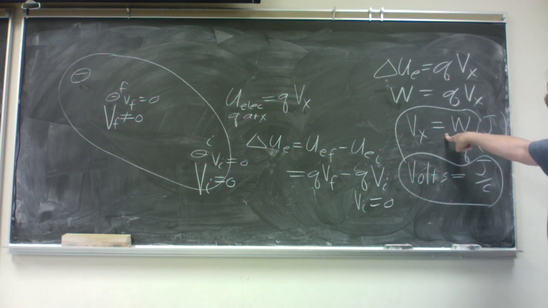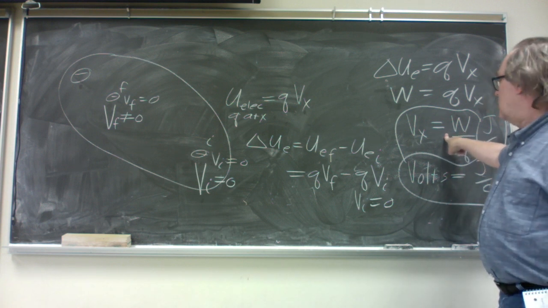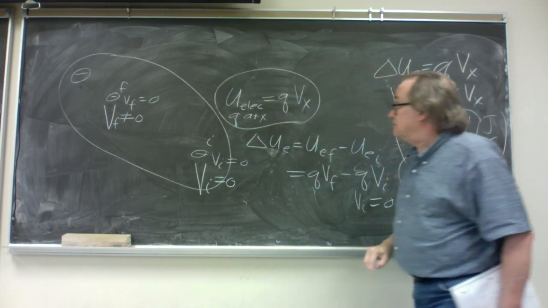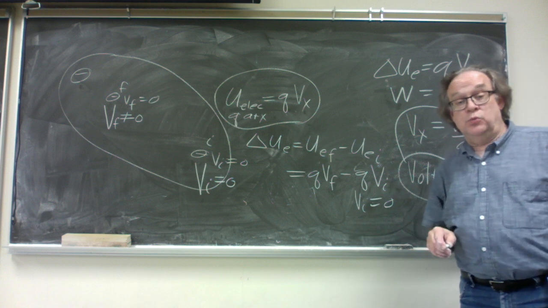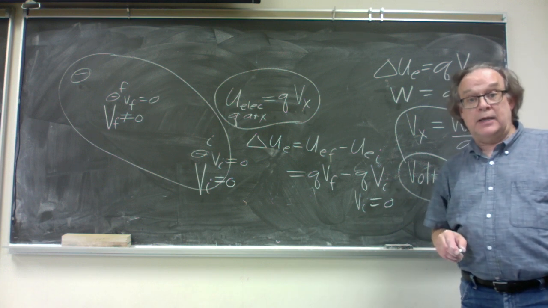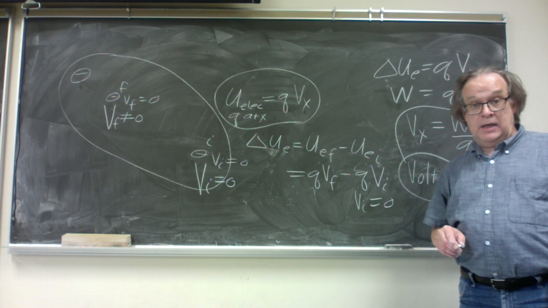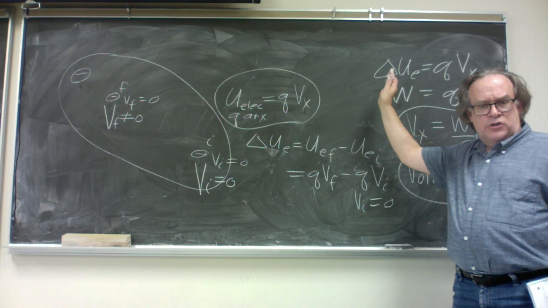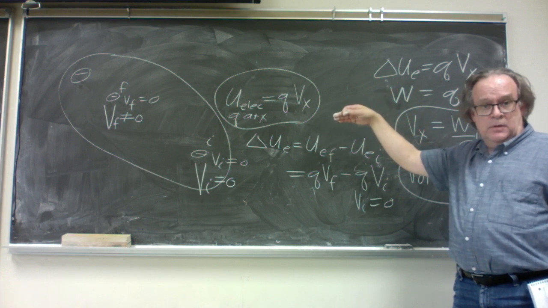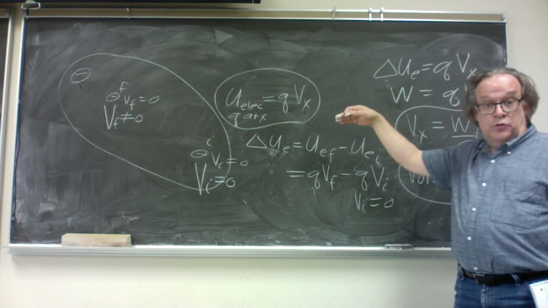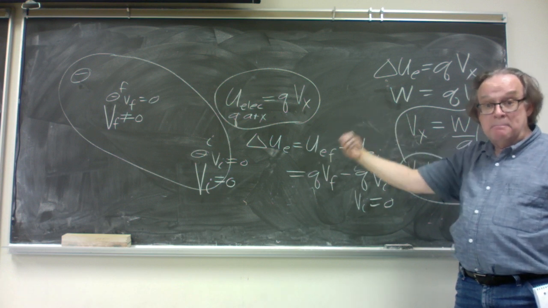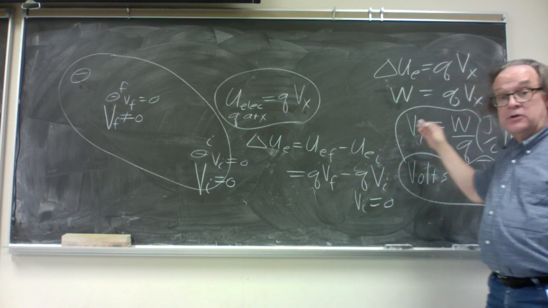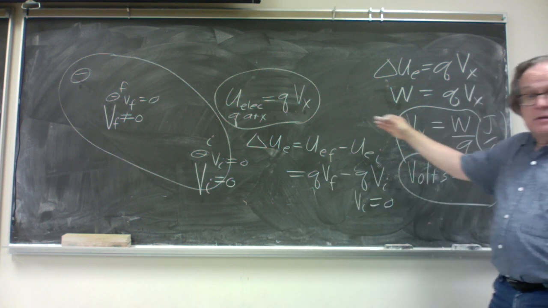But this rule here, which is just a way of rewriting this rule, is a rule that we'll be coming back to again and again. And the truth of the matter is, even though there are a lot of equations written on this board, the three equations that actually matter, the ones that you actually need to use, are just these 3.